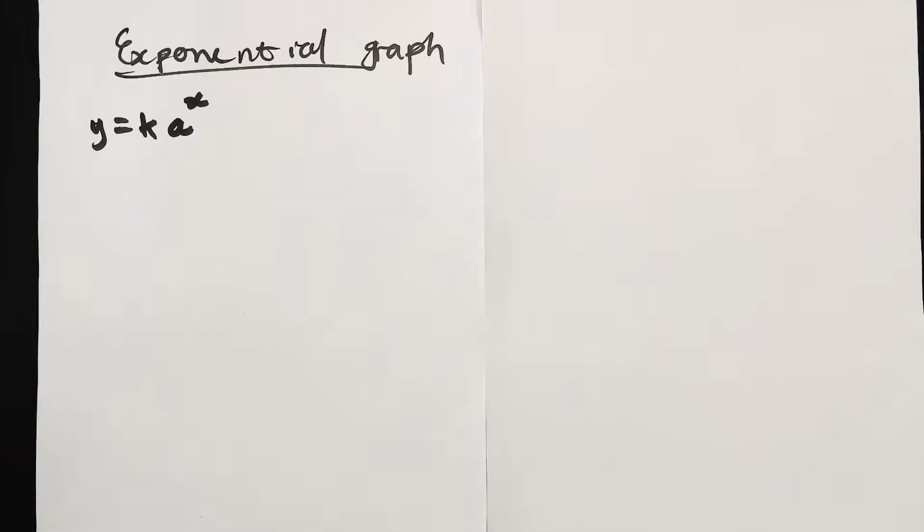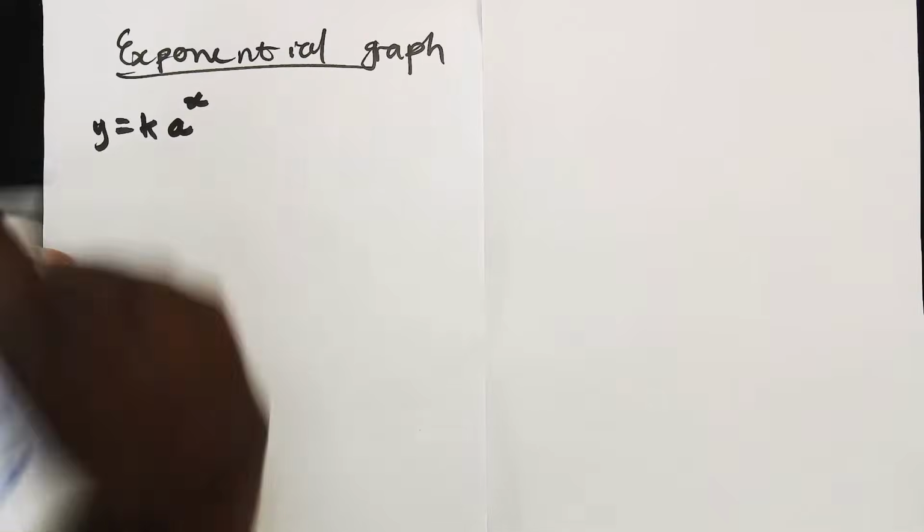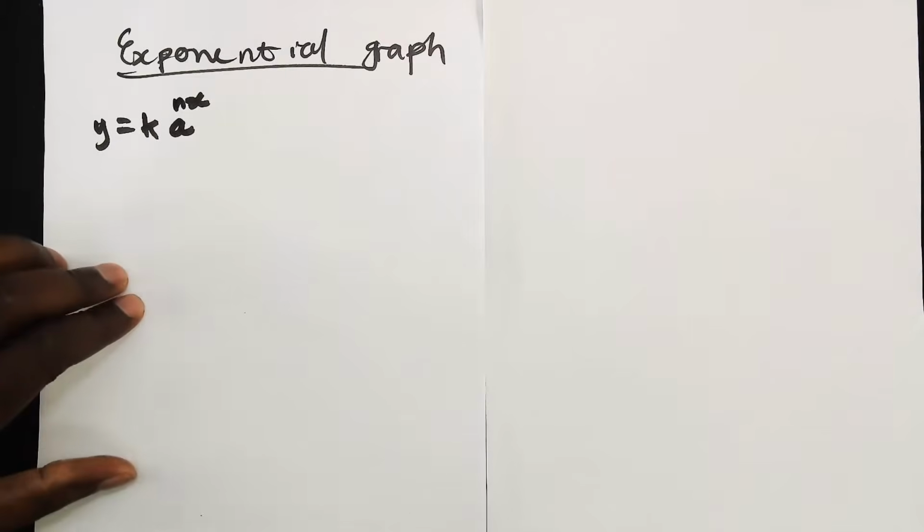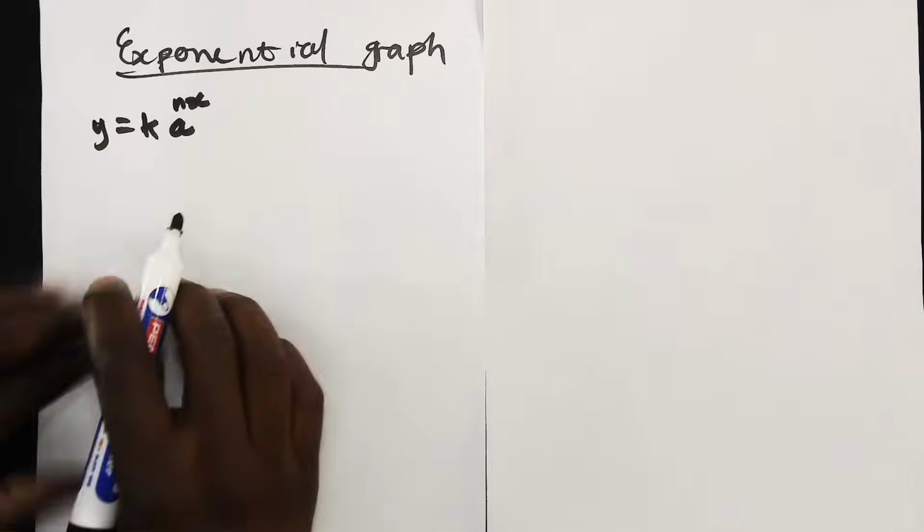Or it can be n times x, the exponent can be multiplied by n. n can be a coefficient of x in the exponent.